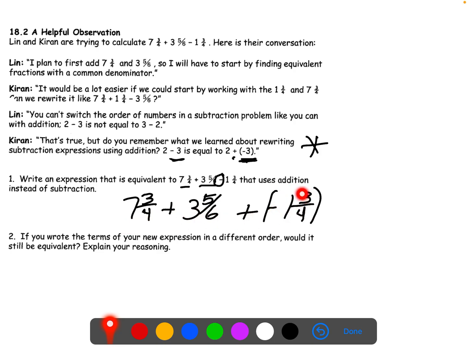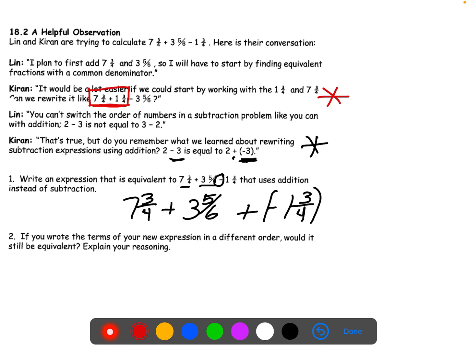We've just made this last term a negative term, and we've done that before in solving equations just the last couple of days. In the next part, it says, if you wrote the terms of your new expression in a different order, would it still be equivalent? So now I would say let's go back to what Kieran said up here, where Kieran said it'd be a lot easier if we could put together the two terms that have a common denominator.